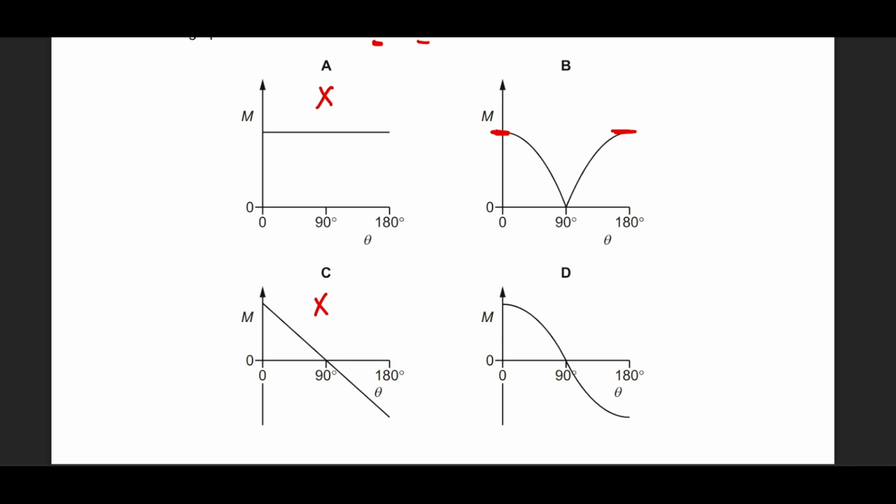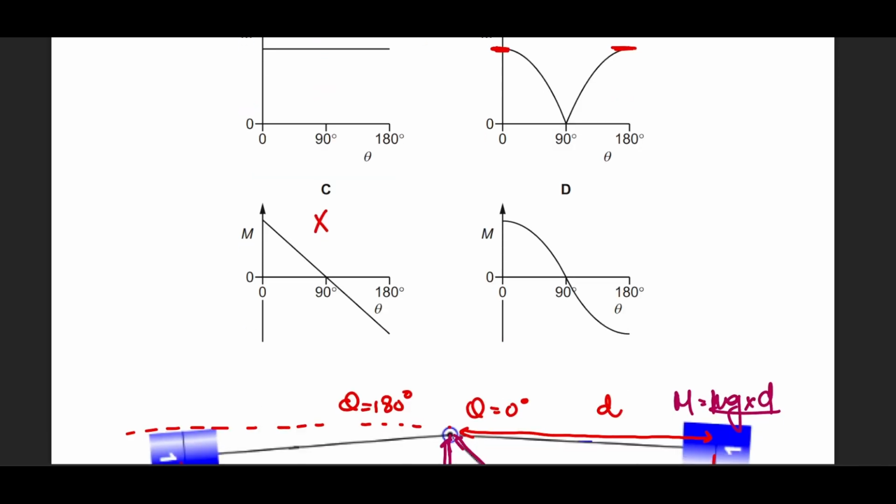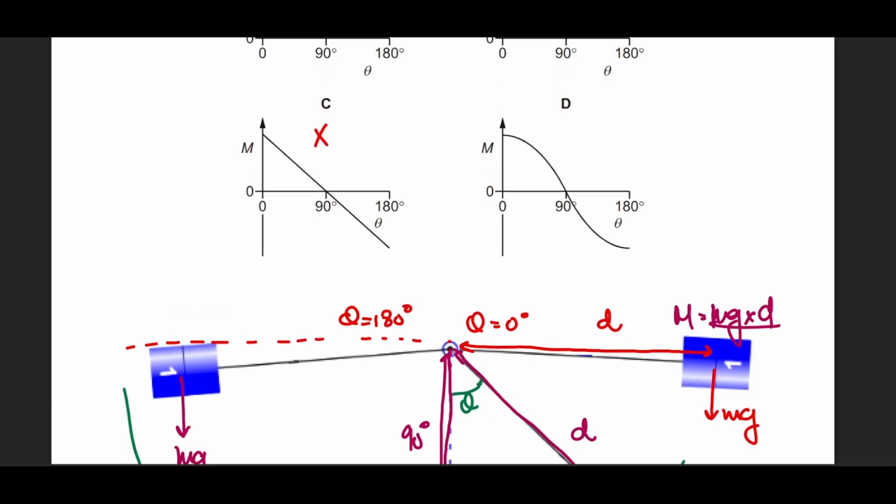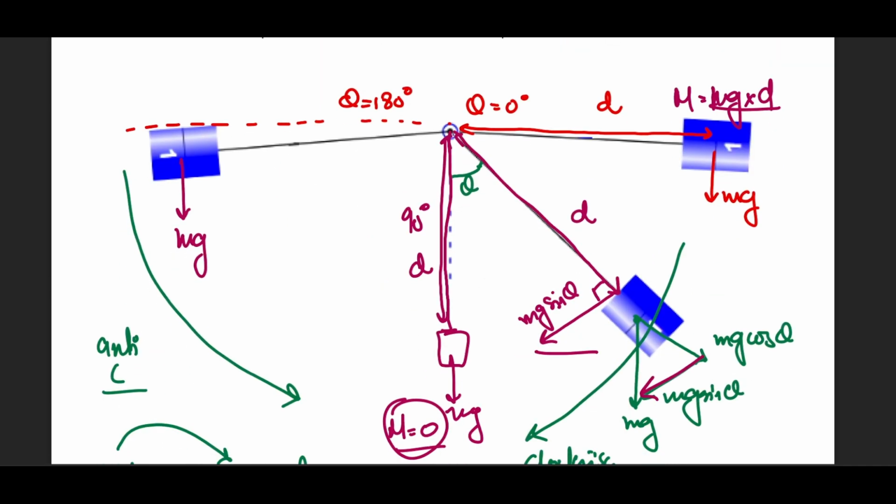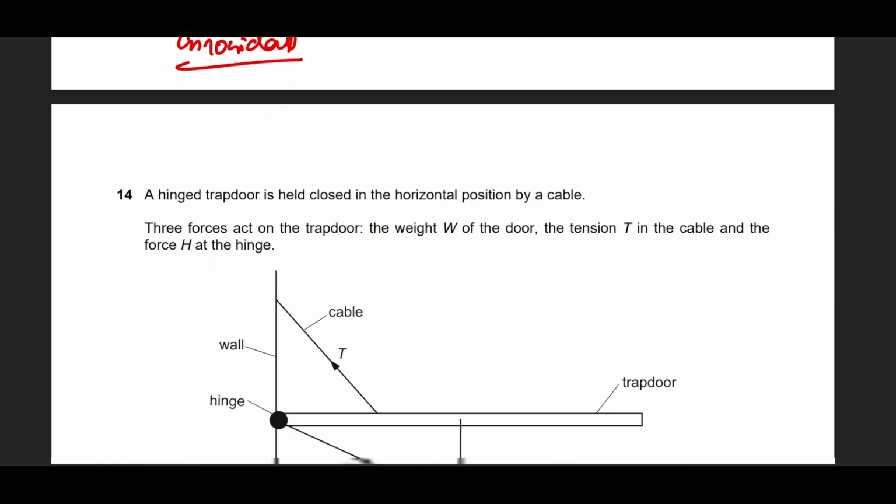It has to have a sign to show that these moments are opposite to one another. So the only graph that follows a sinusoidal function, which is a sine graph, or at least a cosine graph, is option D, right? So I hope that we understand where this equation actually comes from.